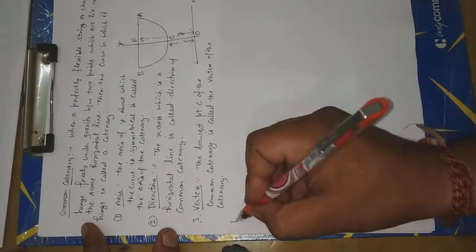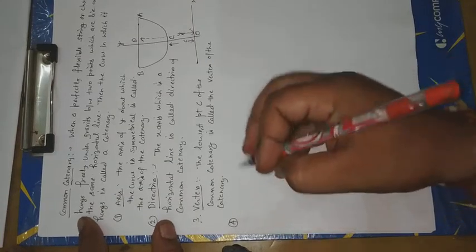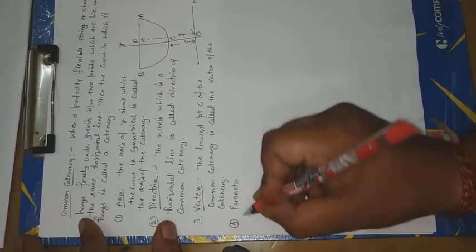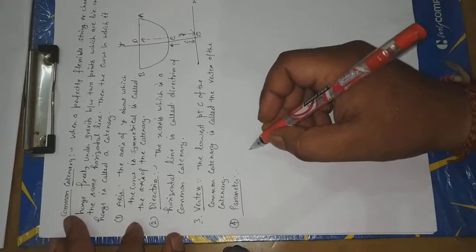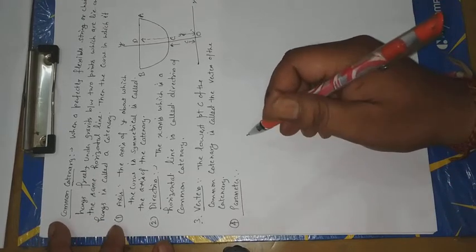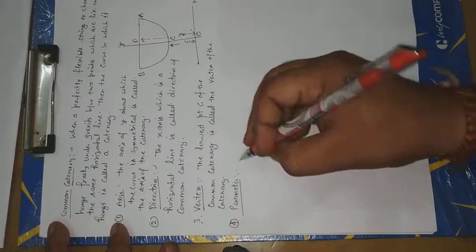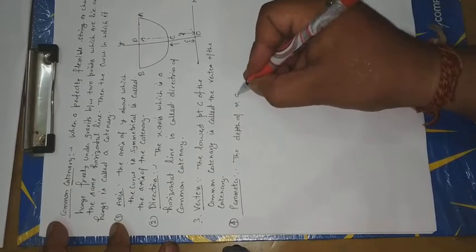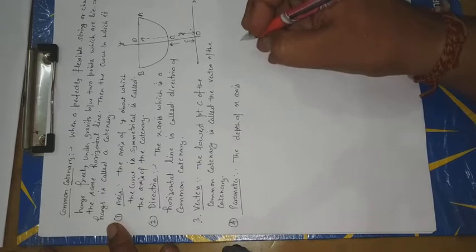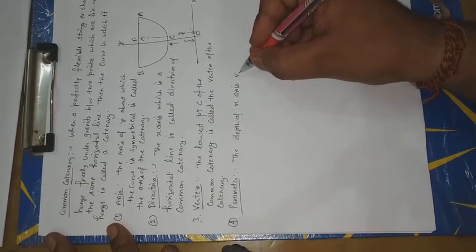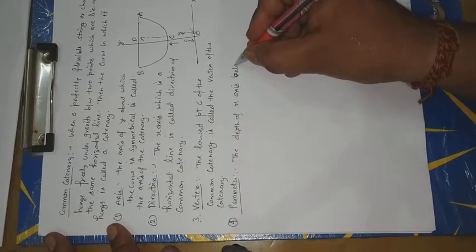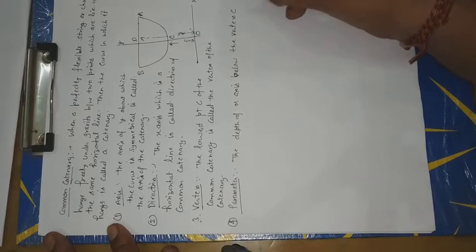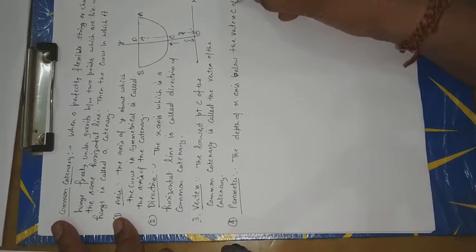Now, fourth, parameter. The parameter of common catenary is the depth of the x-axis below the vertex C of the catenary.